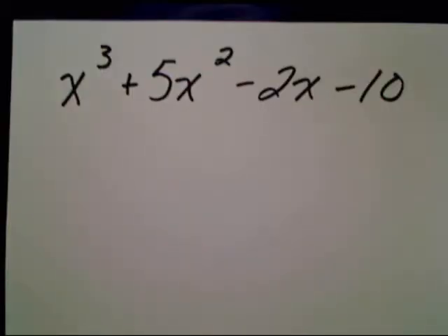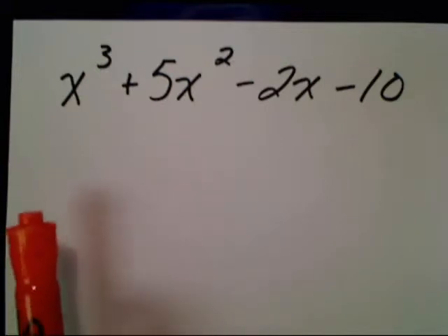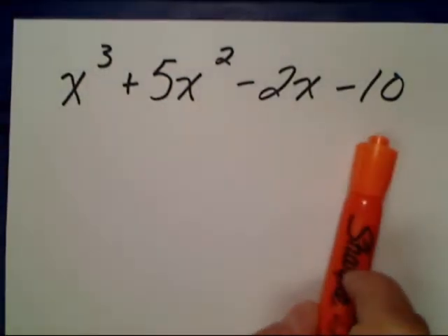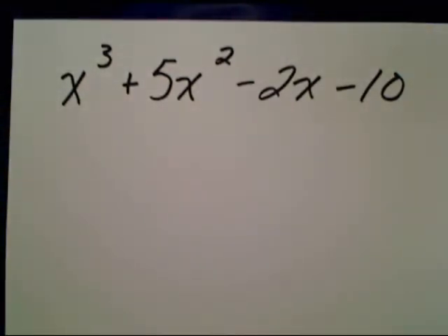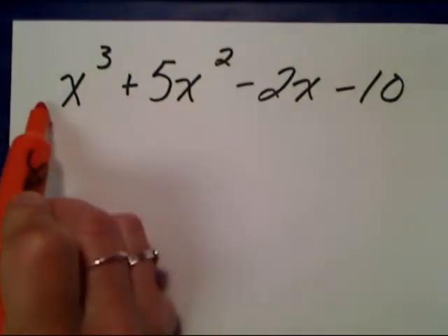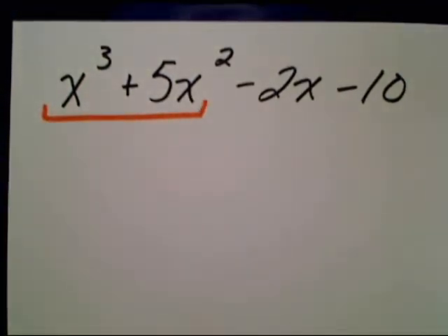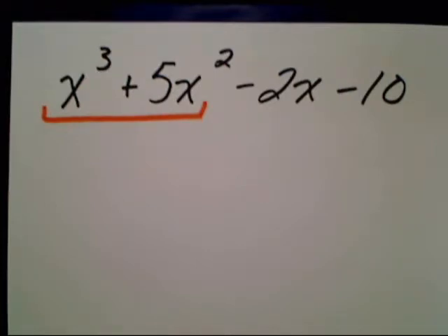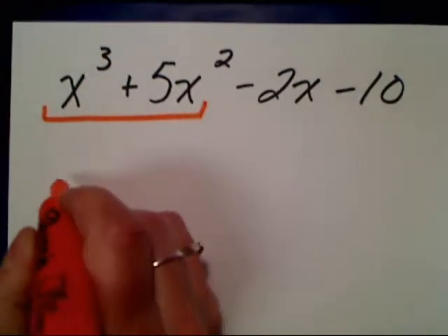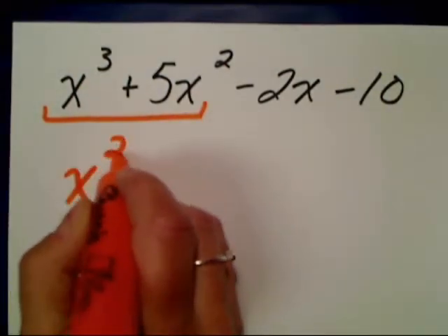Here's another example. Once again, the first thing I always look for is a greatest common factor. I don't see one again. I see, though, that I have 1, 2, 3, 4 terms, so I'm going to use my factor by grouping. That means, once again, I'm going to group the first 2 terms and take out the common factor. The greatest common factor is, in this case, x squared.